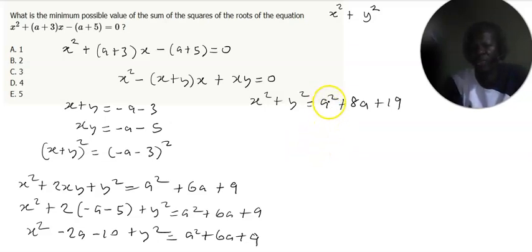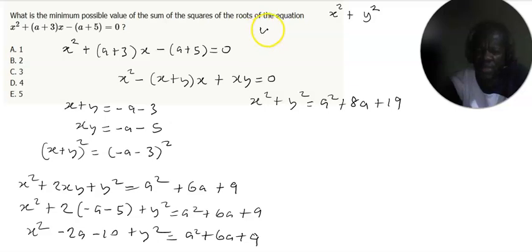Because the coefficient of a squared is positive, if we plot the graph of a squared plus 8a plus 19 on an xy plane, the graph will be facing up, and that is why we can find the minimum value of the graph. So we are going to use an equation which shows the coordinates of the vertex of the parabola to find the minimum point of the quadratic.